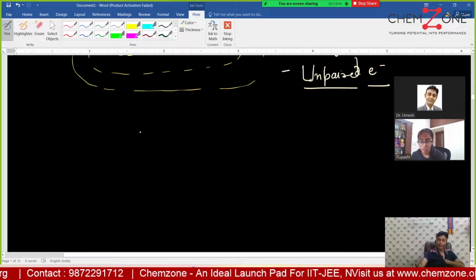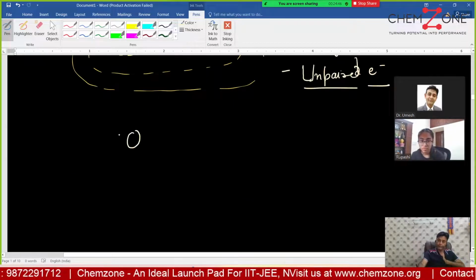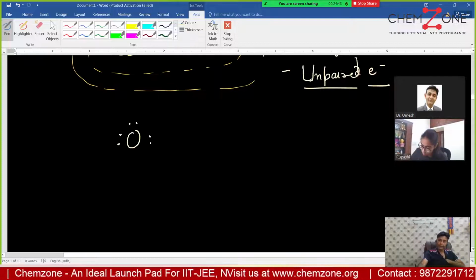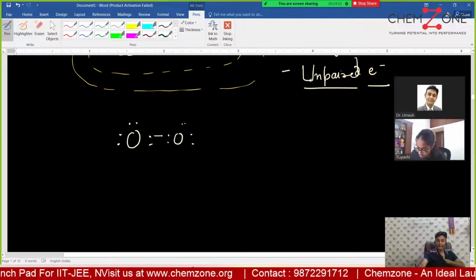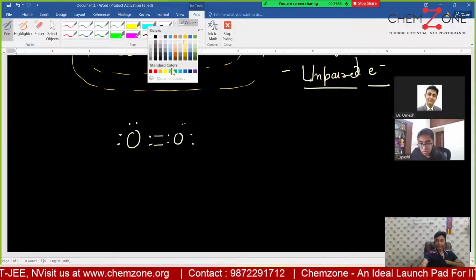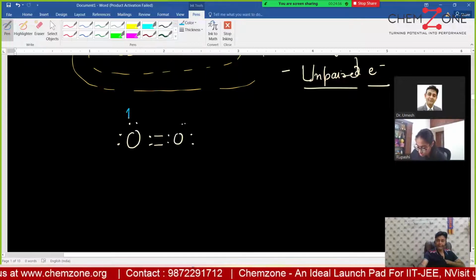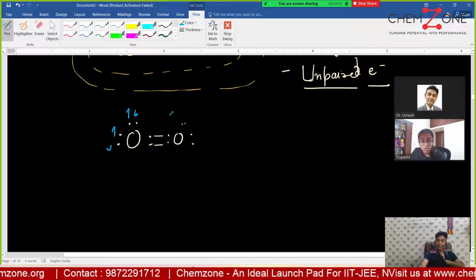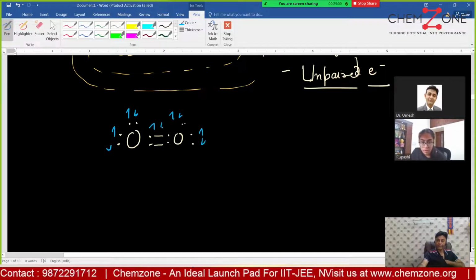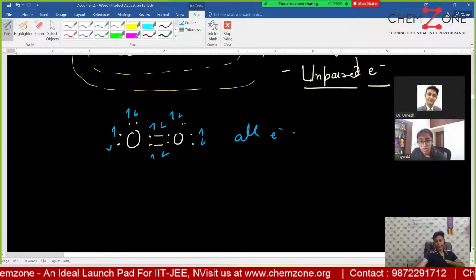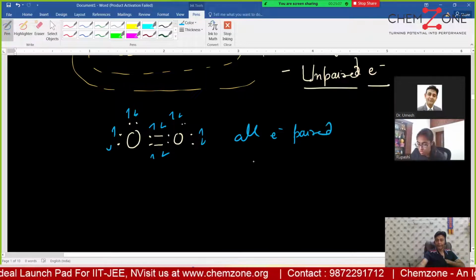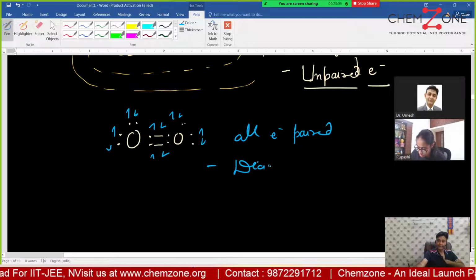Now if you see the O2 molecule, I'm drawing the Lewis dot structure of the O2 molecule. Can you see that in this molecule we have upspin, downspin, upspin, downspin? All electrons are paired. So if all electrons are paired, the molecule must be diamagnetic.